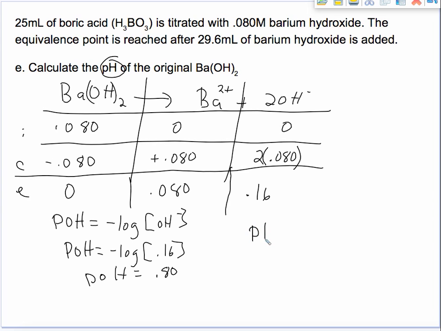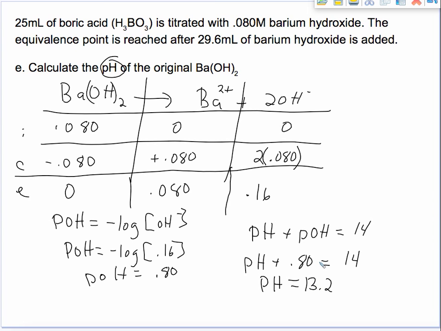Now, we don't want to stop there because it's asking for the pH. So we use the equation pH plus pOH equals 14. So pH plus 0.80 equals 14, and we subtract 0.80 from both sides, and we get pH is equal to 13.2.